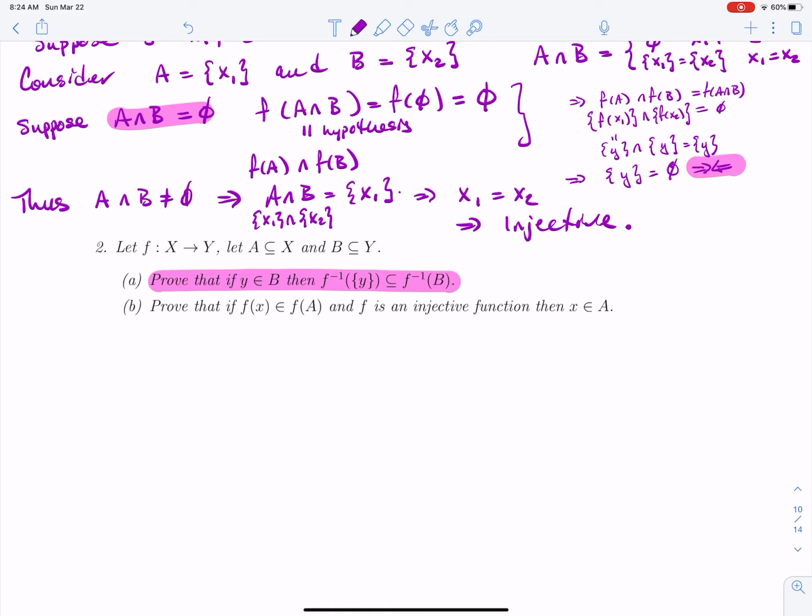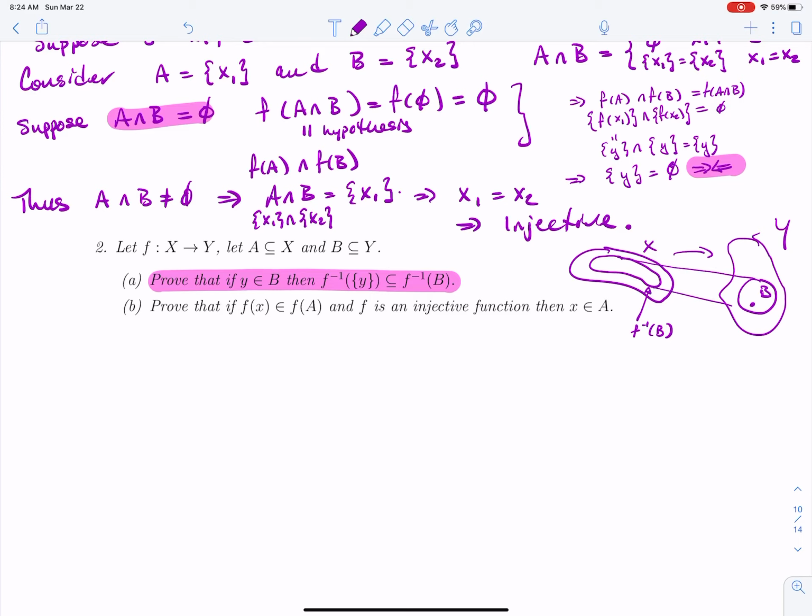If we were to draw a picture, here's our x mapping onto our y, and we've got a set here, B. Now we're looking at the pre-image of B. This guy here is f inverse of B, and that's all the stuff that gets mapped onto B.